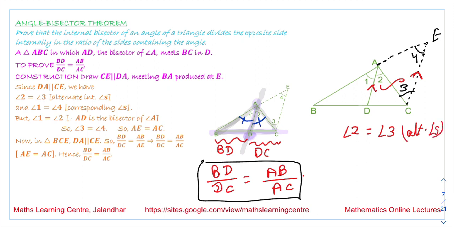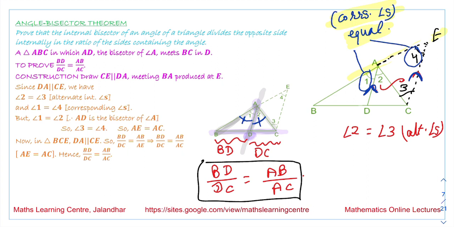And angle 1 will be equal to angle 4. Angle 1 and angle 4 are equal because these are the corresponding angles. These two lines are parallel, so this will be a transversal.